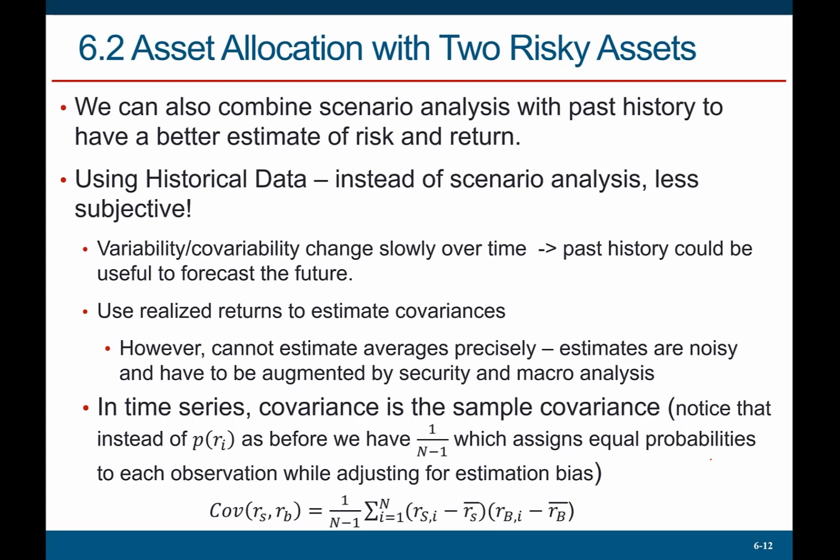When we use past history, we're going to use a different formula for the covariance, which will be the input for our correlation formula. And the formula is something that you have seen before in FIN340 and in other business stats classes. So we're still going to have deviations of every asset from its mean, but the mean is going to be just the average.